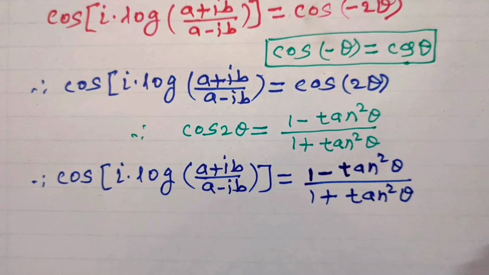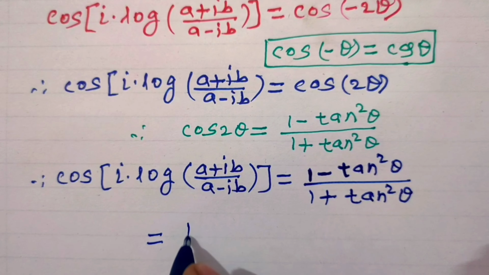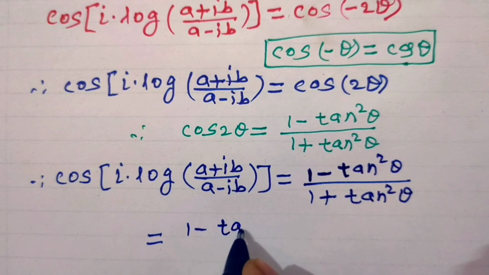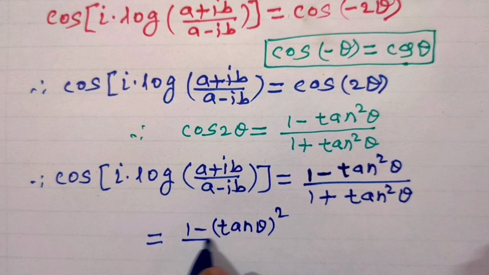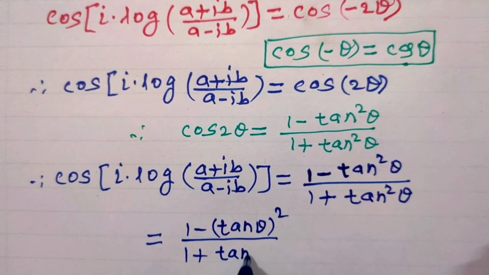This is equal to 1 minus (tan theta) square divided by 1 plus (tan theta) square.